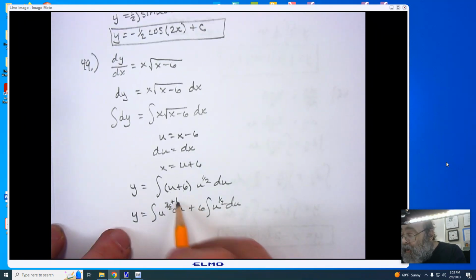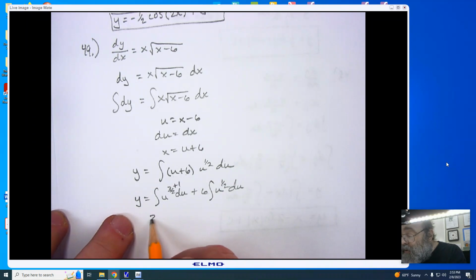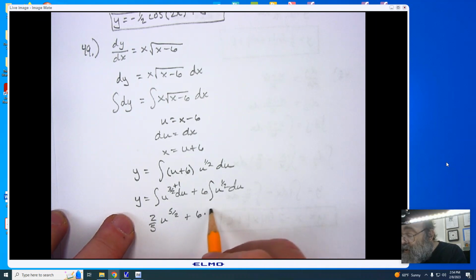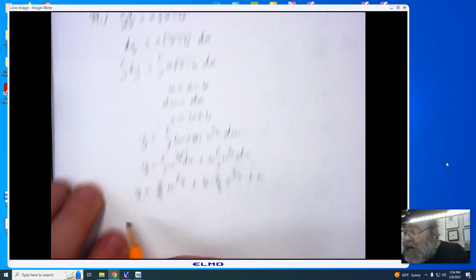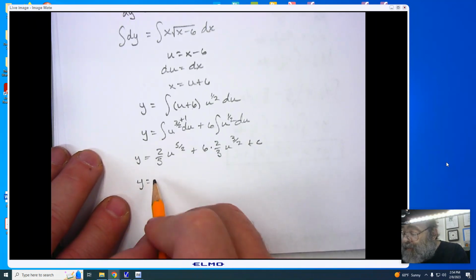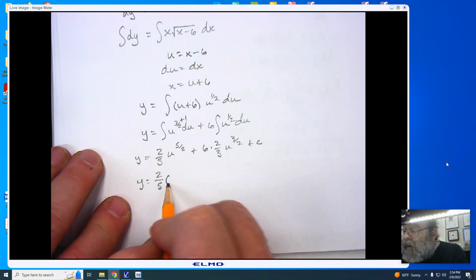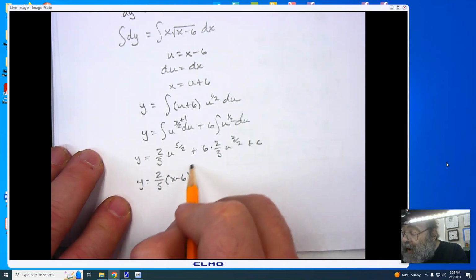When we add our power, we're going to get 2/5 u to the 5/2 plus 6 times 2/3 u to the 3/2 plus c. And we're now going to rewrite it by back substituting our u value. Since our u was x minus 6, we put it in.